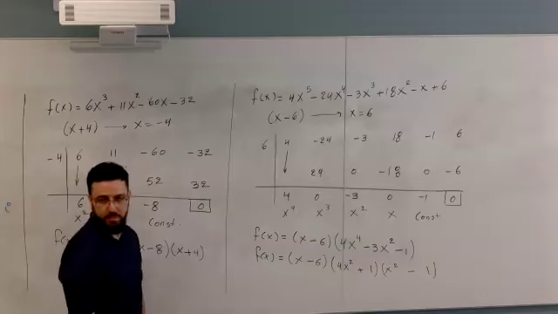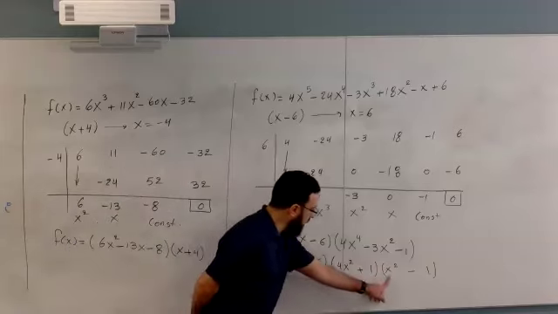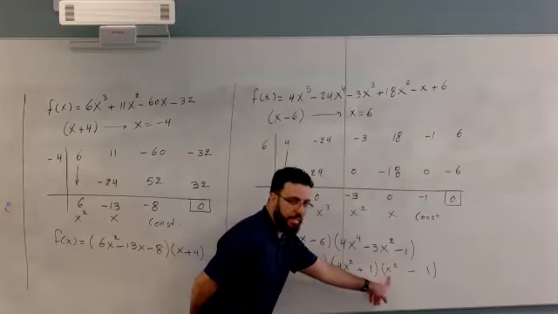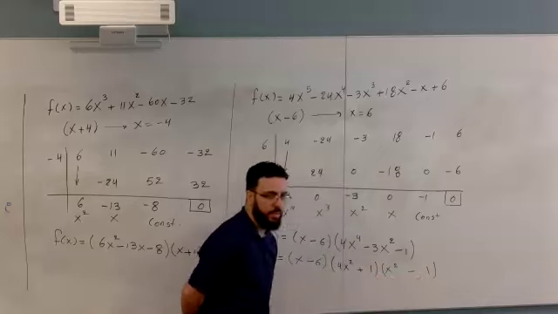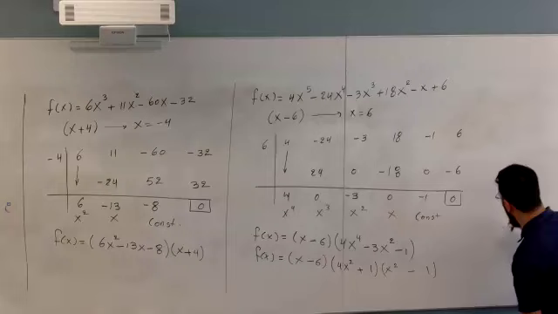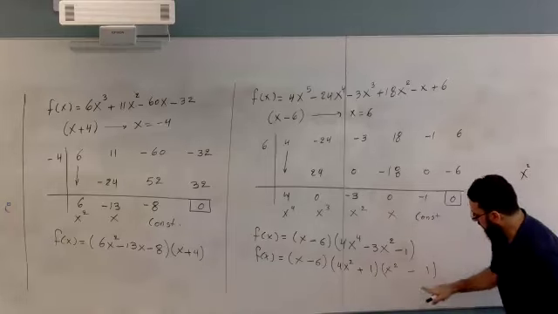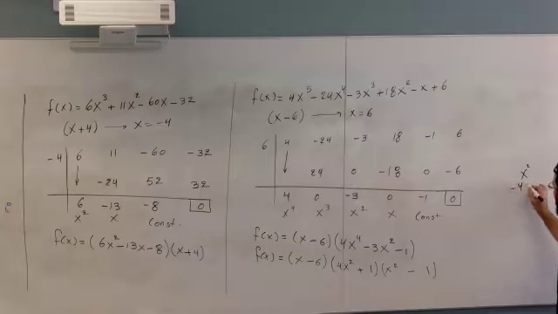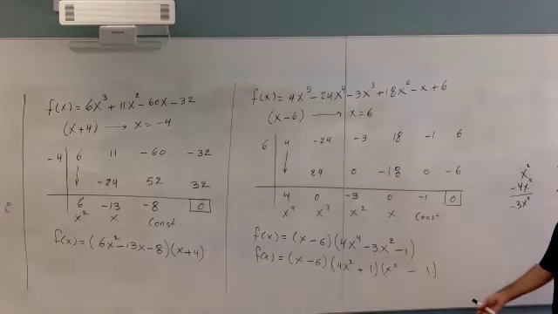That works. 1 times x squared is going to be x squared. 4 times -1, -4x squared. Add these together. That's the middle term. Now, can I factor it more?